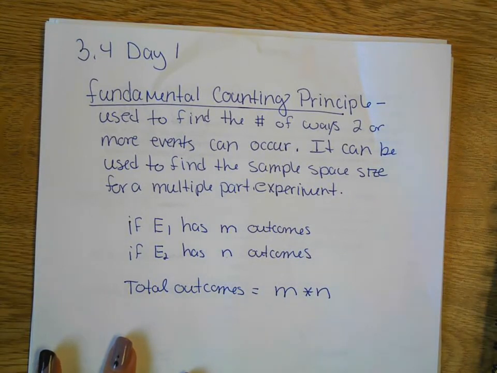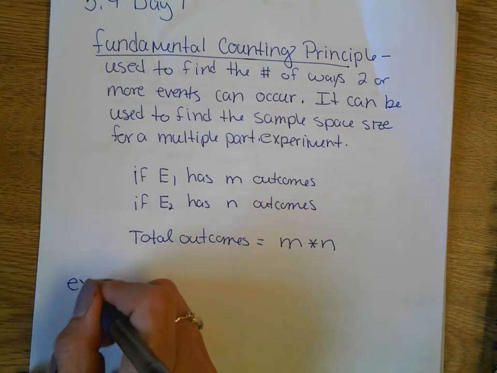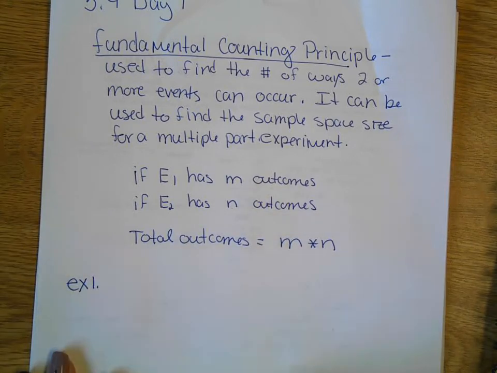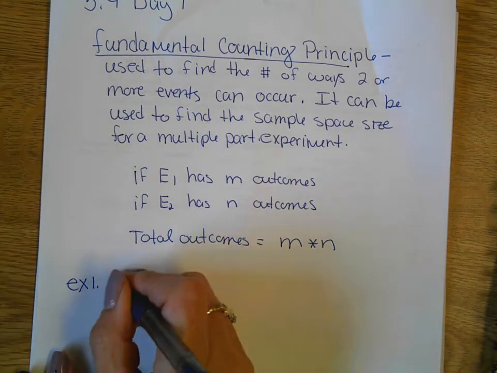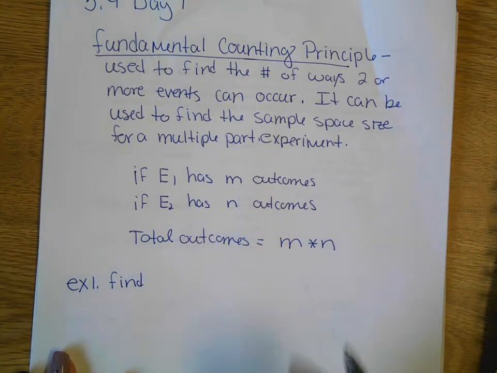So I'm going to take you back to some of the things we've already done and see how we can find that total. So our first example, let's look at the sample space. I use sample space, but the other phrase could be find the total outcomes.